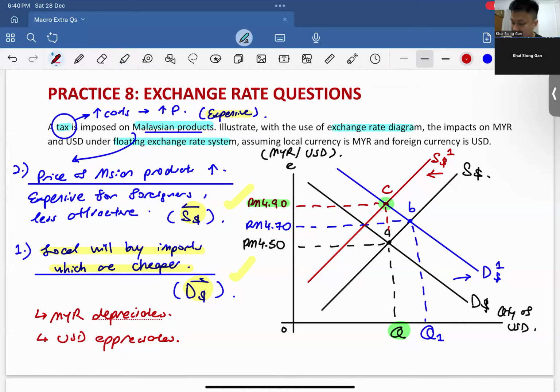Now let's say I want to extend the questions a bit, give you some challenge. We talk about tax, right? I relate tax to the exchange rate diagram.